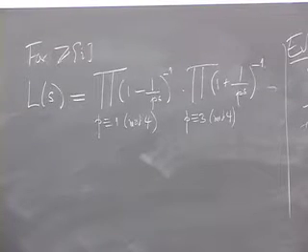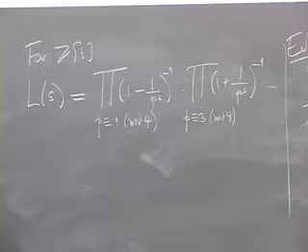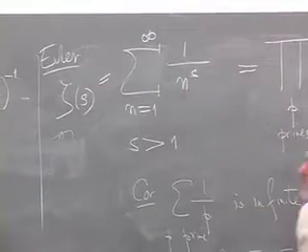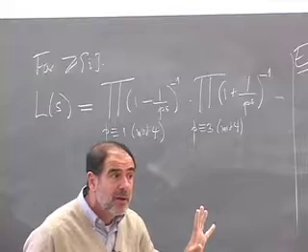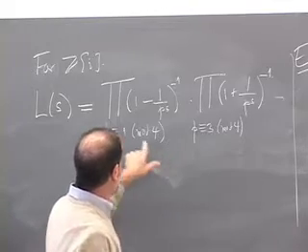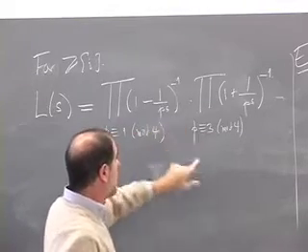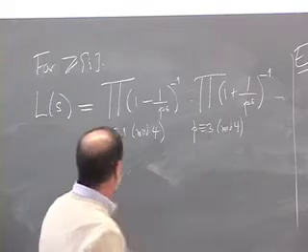OK? Now let's do the Euler business of recombining these products into some sum like this. You have all the odd primes here, so when you multiply these things out, you're only going to get the odd numbers. If the numbers are congruent to 1 mod 4, they're going to appear with a plus sign, and if they're congruent to 3 mod 4, they're going to appear with a minus sign.